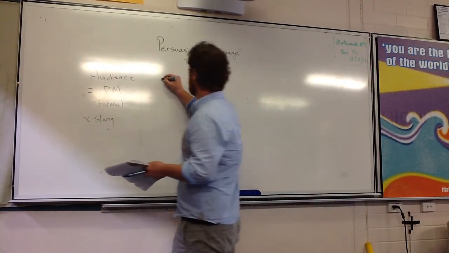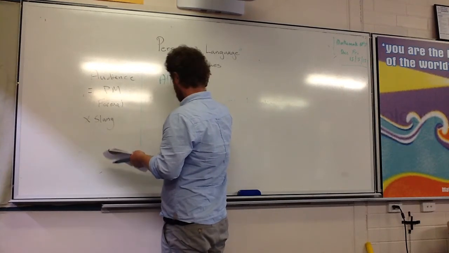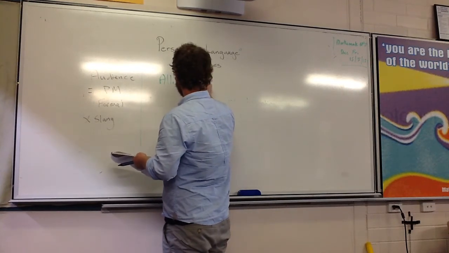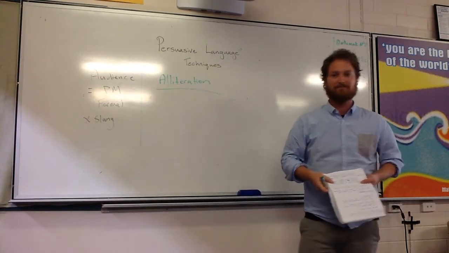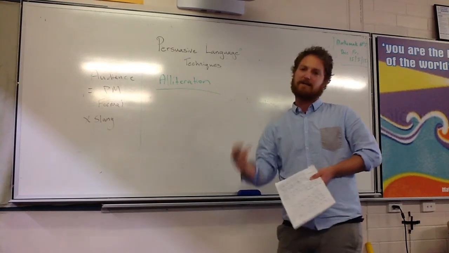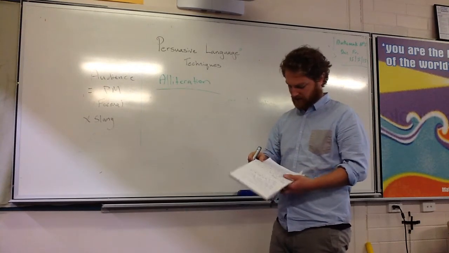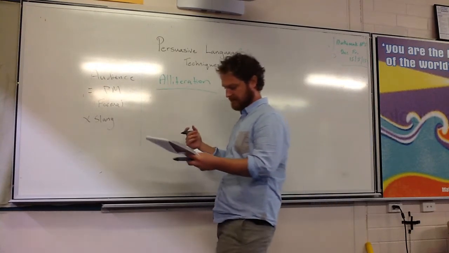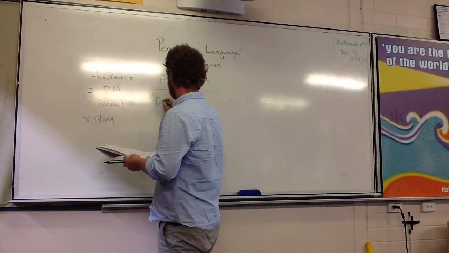One that links into repetition is something called alliteration. Alliteration is very similar to repetition, except we're not repeating the same word, but we're repeating the same consonant sound at the start of a word. You want to repeat that at the start of the word, and you do it about three times.